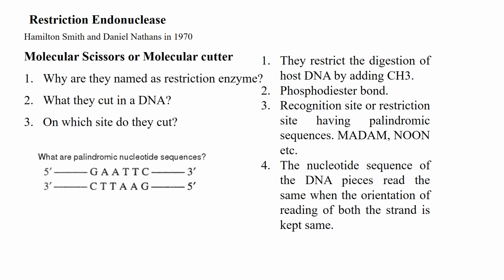I read the first strand from 5' to 3', and it was GAATTC. Similarly, in the other strand, I will also read in the 5' to 3' direction, that is GAATTC. These types of sequences are known as palindromic sequences. In that sequence, the restriction endonuclease will cut.